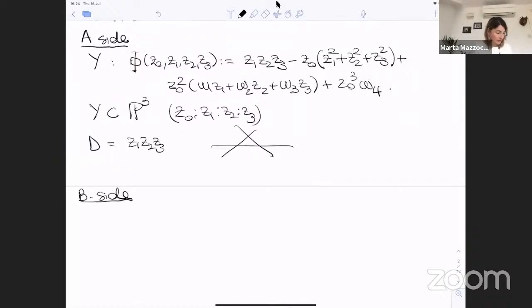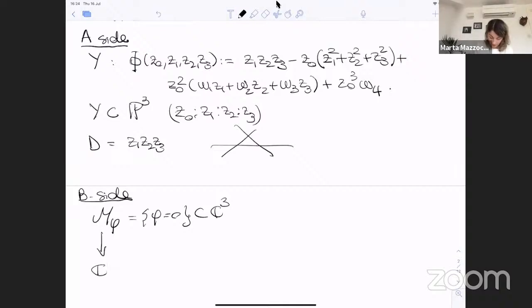The B side, we have a family of, as I said, we need a flat family of surfaces. And phi, this is our zero, phi equal to 0 in C3, our affine del Pezzo. We can think of it as a family on C4, where C4 is the space where our parameters vary. Let me just show you again this cubic.